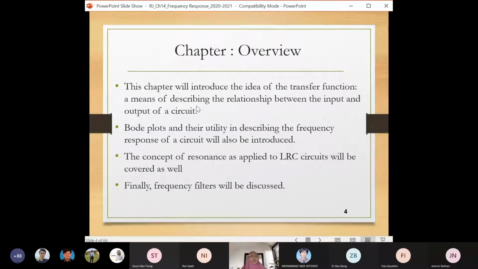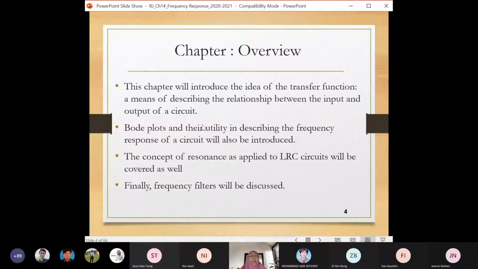Okay. Yes. All right. For this chapter, the frequency response, it will cover the transfer functions. This chapter will introduce the idea of the transfer function, which is the means of describing the relationship between input and output of a system. So in this, the system that we are interested in is the circuit systems.